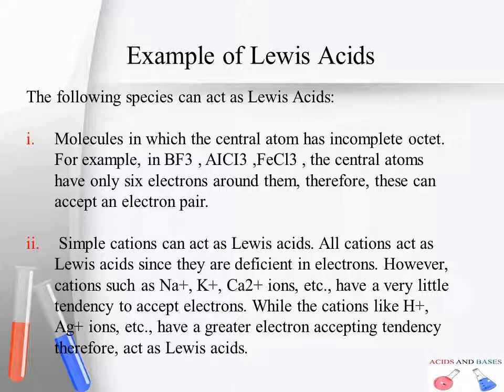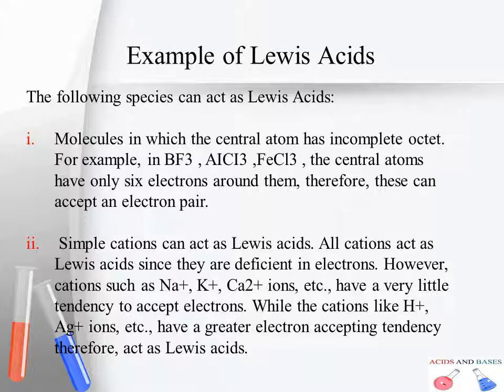Now here are some examples of Lewis acids. Molecules in which the central atom has an incomplete octet, for example, boron trifluoride, aluminium trifluoride, aluminium trichloride, and iron trichloride. The central atoms have only 6 electrons around them, so therefore these can accept an electron pair.